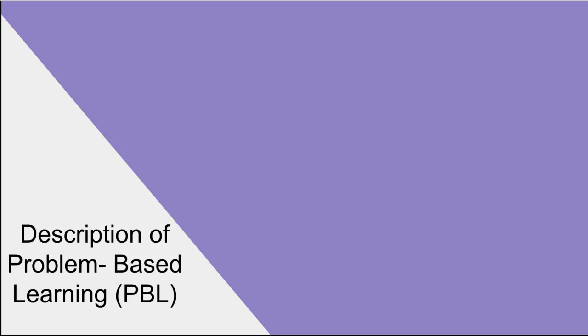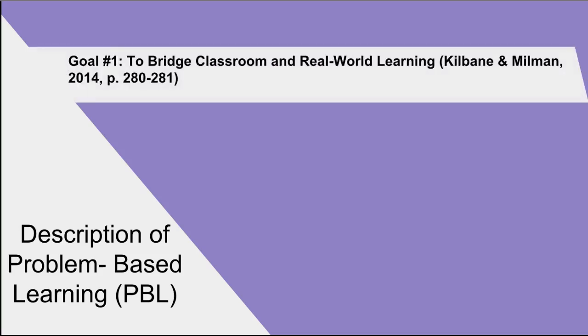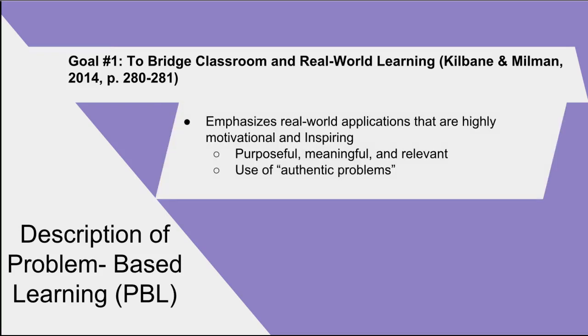In order to describe problem-based learning, I want to talk about two goals that I identified. Goal number one for problem-based learning is to bridge classroom and real-world learning. To address goal number one, teachers develop a real-world problem that is relevant, meaningful, and inspiring to students.